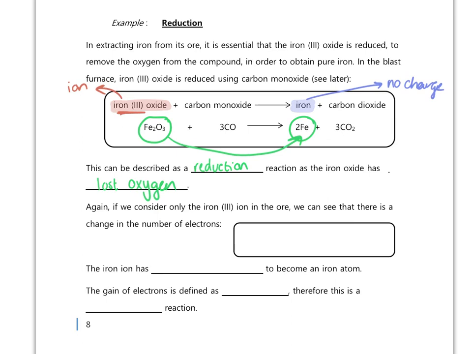So we can see here that it's iron 3 oxide. That means the iron has a valency of 3, and we can think of that as meaning it has a charge of 3 plus. So that 3 in brackets means that the charge is 3, and it's positive because metal ions are always positive. So within this compound of iron 3 oxide, the iron is going to have a charge of 3 plus.